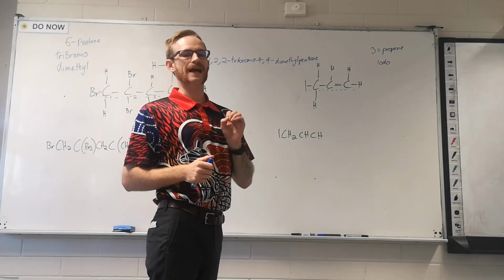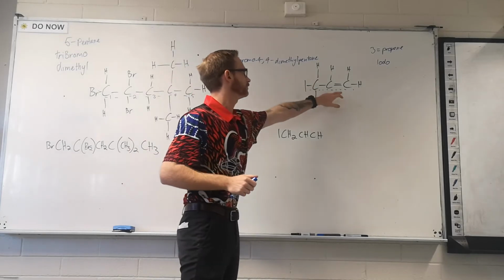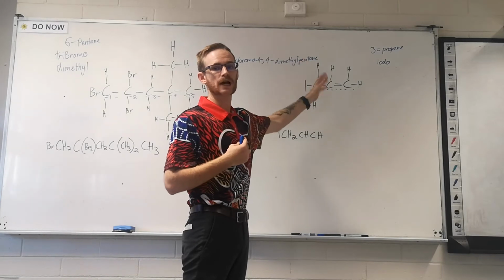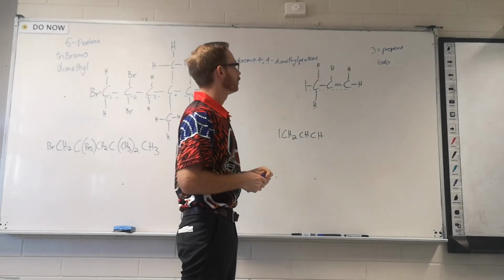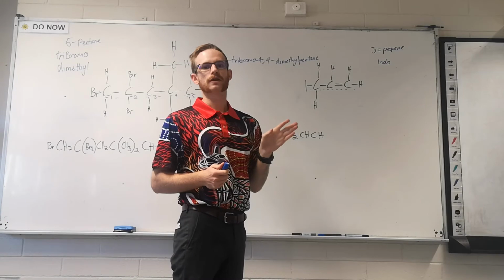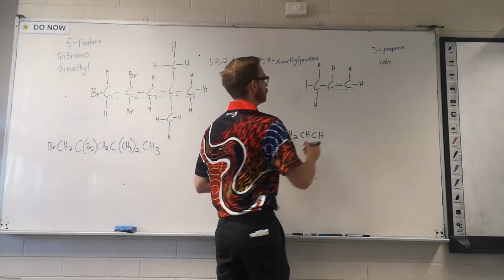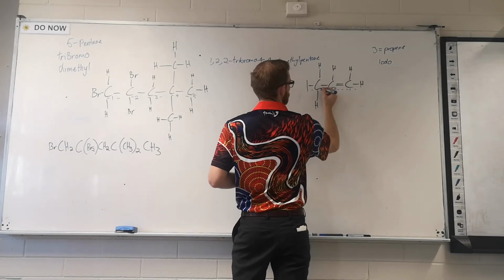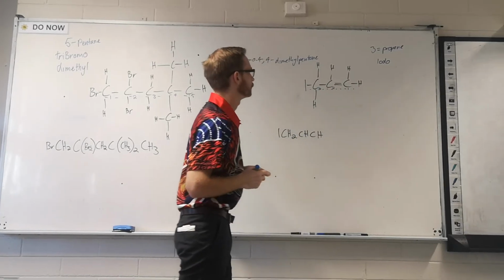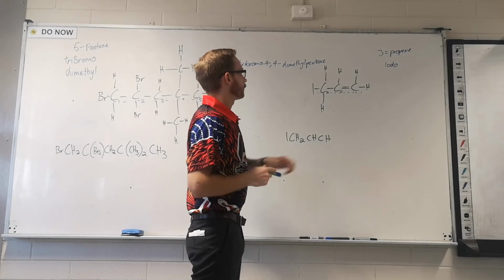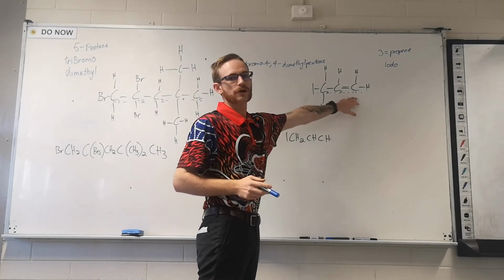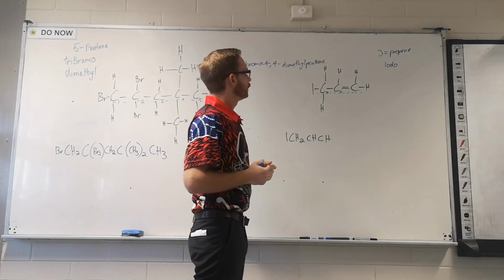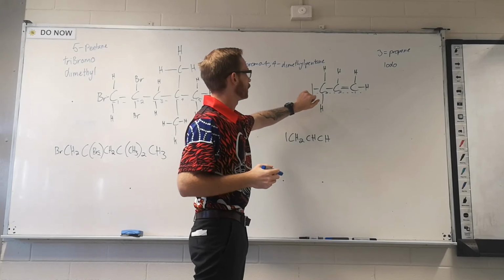When we're numbering the carbons in the alkene main chain, we always give precedence to the double bond to make that as low as possible. So I'm going to name this 1, 2, 3, my carbons. We know that my double bond is attached to the first carbon, and my functional group, my iodo, is attached to my third carbon.